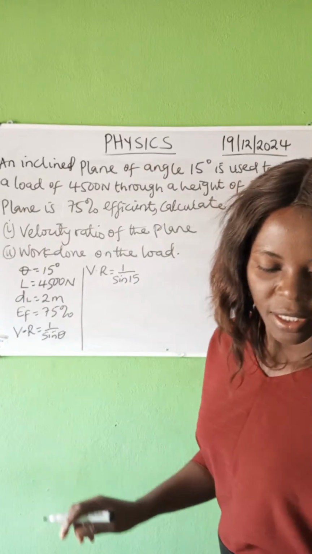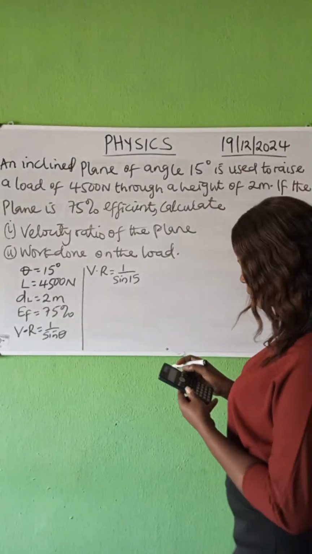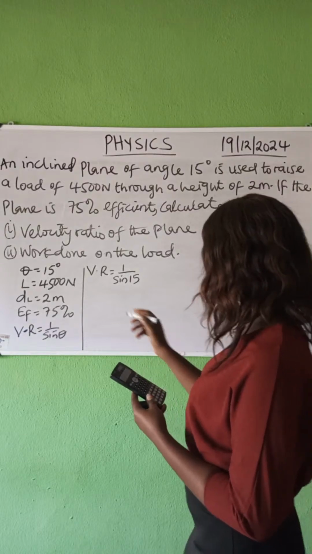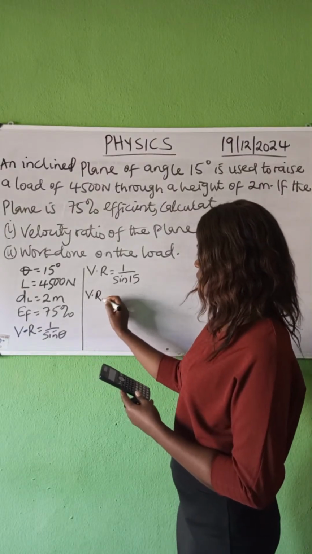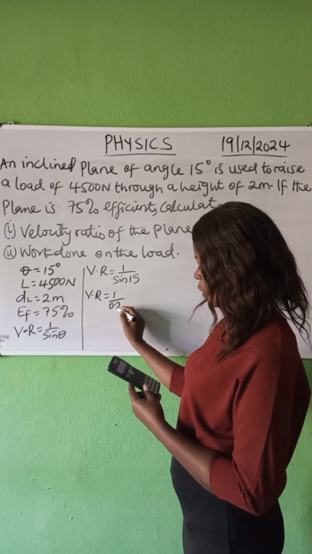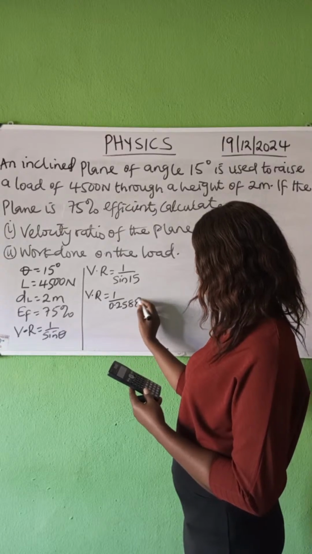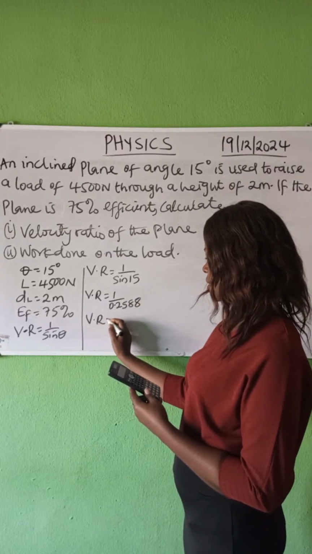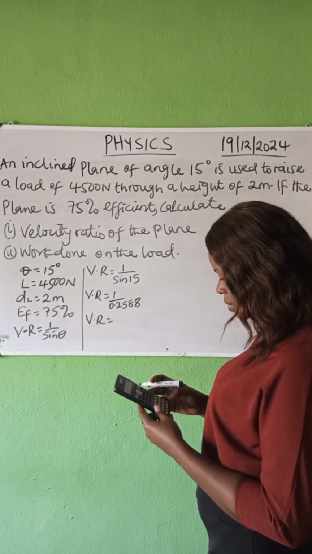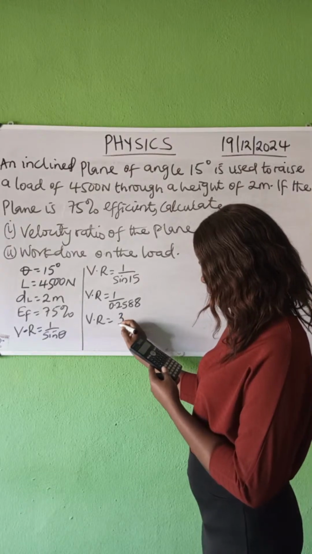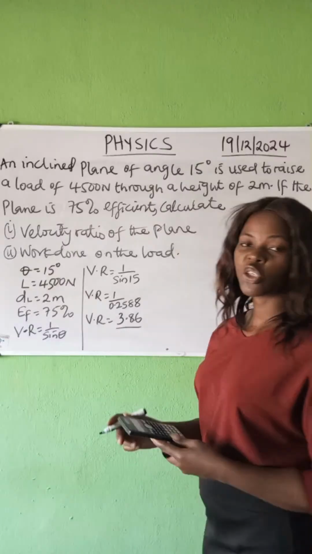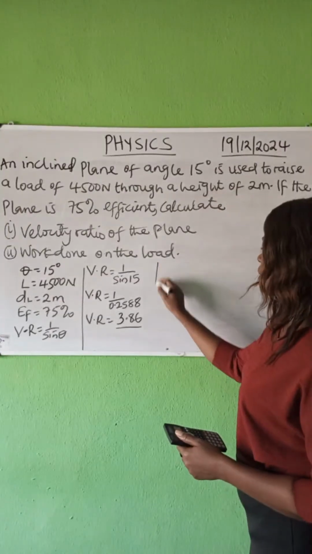So with your calculator, sine 15 is going to give us 0.2588, so VR is equal to 1 over 0.2588. Now let's divide it. We're going to have 33.86. Remember, velocity ratio has no SI unit. Now we are done with that.